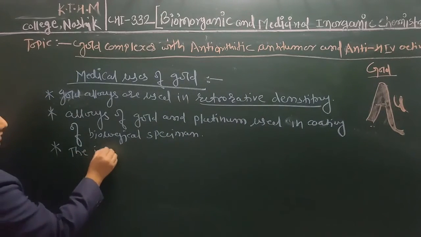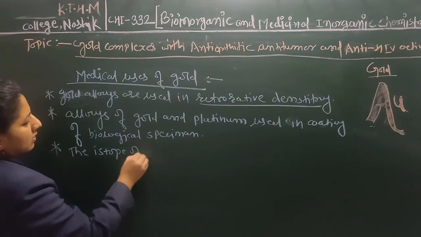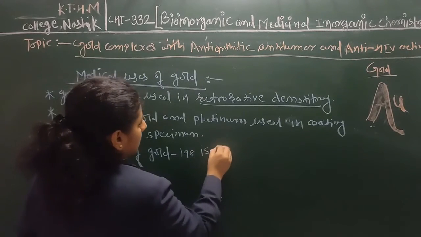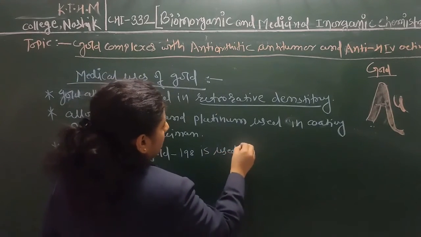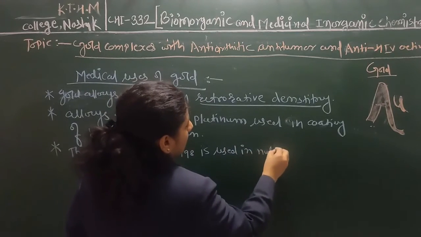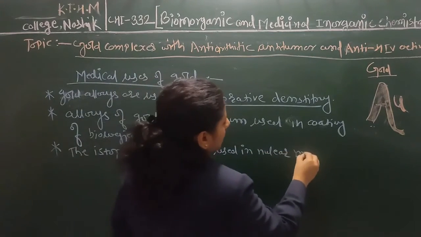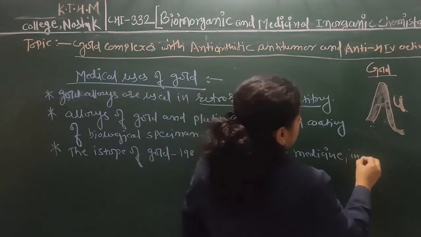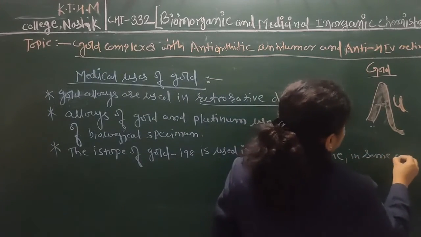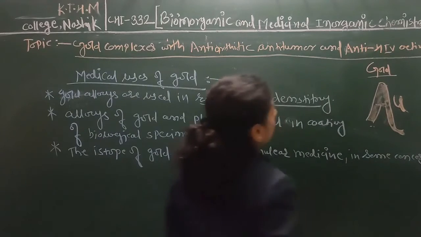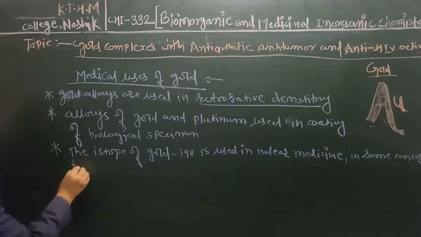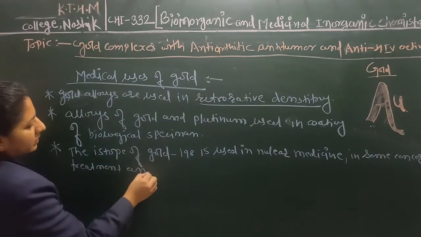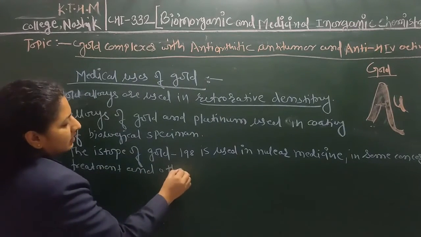The isotope of gold is used in nuclear medicine, in some cancer treatment also, and other diseases.